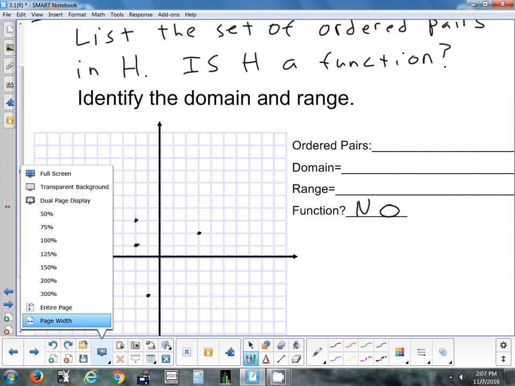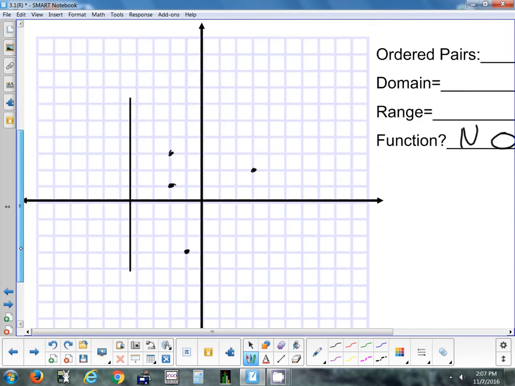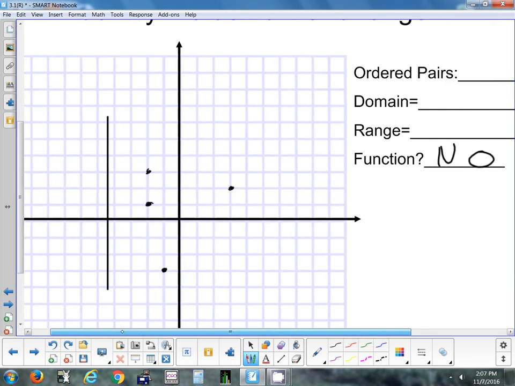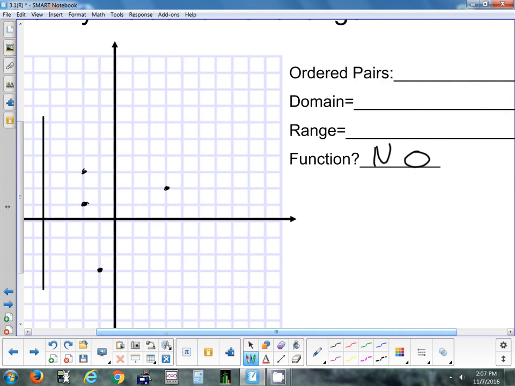All right, let me make it a little bigger. What are the ordered pairs here? Let's start with this one. 3, 2. Yep. How about this one? Well, I don't want to confuse you by circling. I'll just point to it. That one down in the lower left.